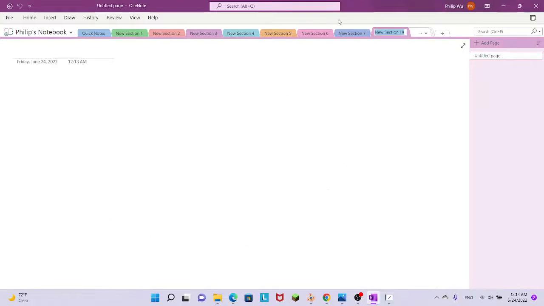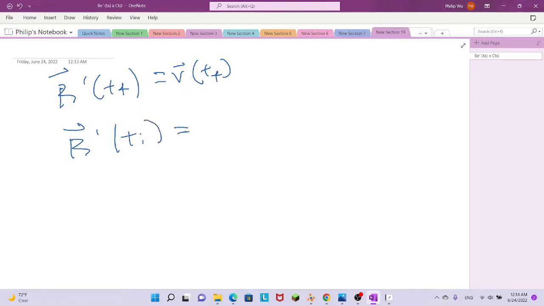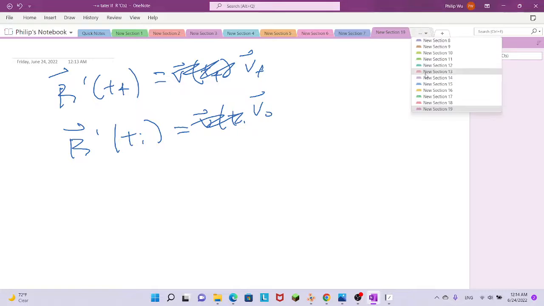And I forgot to write this at the very start of this section, but the derivative of r, a vector quantity, evaluated at tf is equal to the velocity at tf, and that's similarly true for the initial time. Let's see. It's better to write it as this.